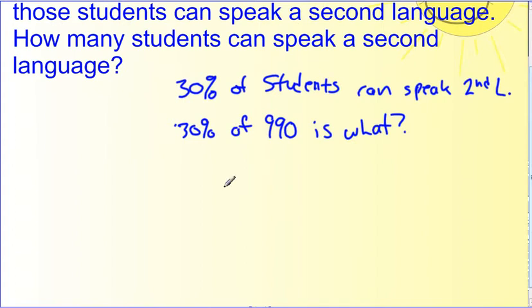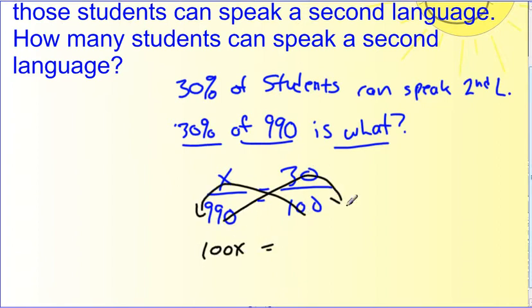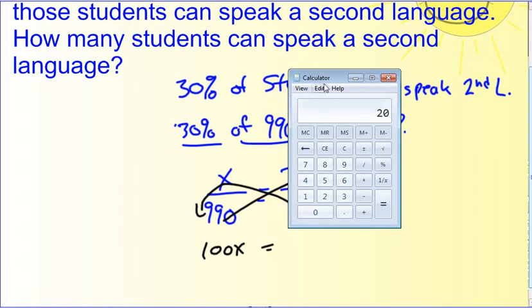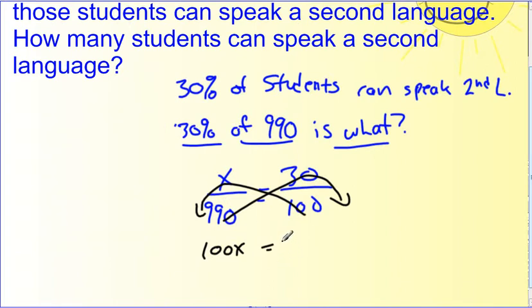So now we can write a proportion. 30 over 100, 990 as the of number, and whatever's left over, we don't know that piece. Cross multiply: 100x equals 990 times 30, which is 29,700.